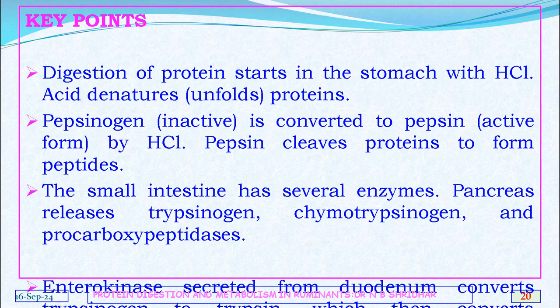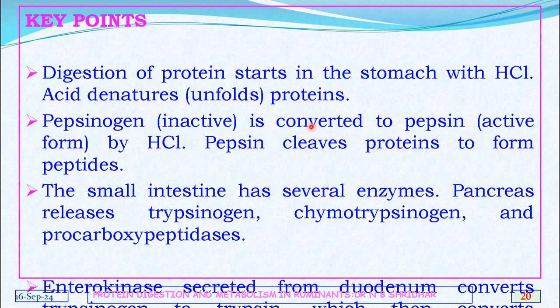Hence, there are a few key points to take home. The digestion of protein starts in the stomach with hydrochloric acid, wherein the acid denatures the protein. Then another enzyme is pepsinogen.